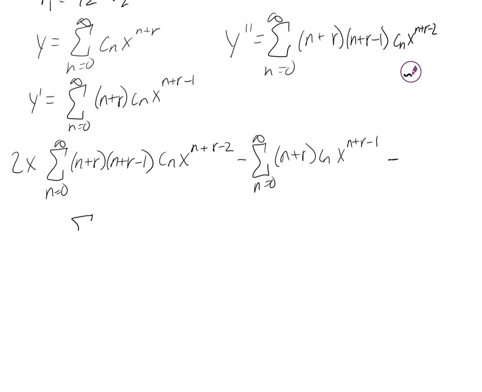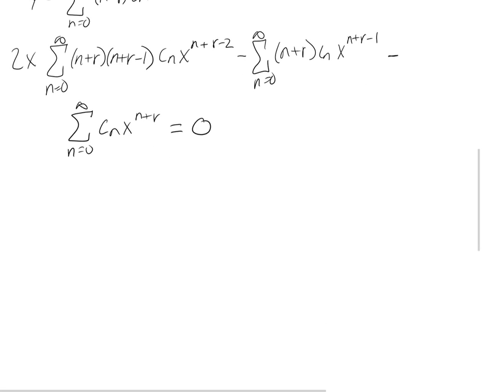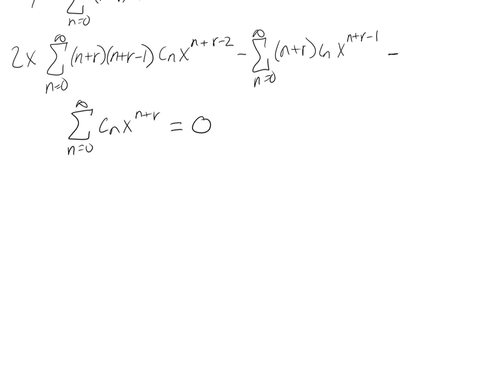So minus the sum from n equals 0 to infinity of c sub n x to the n plus r equals 0. So then if we go ahead and factor the 2x in, and re-index the y to have it be n plus r minus 1, this is what that line looks like.